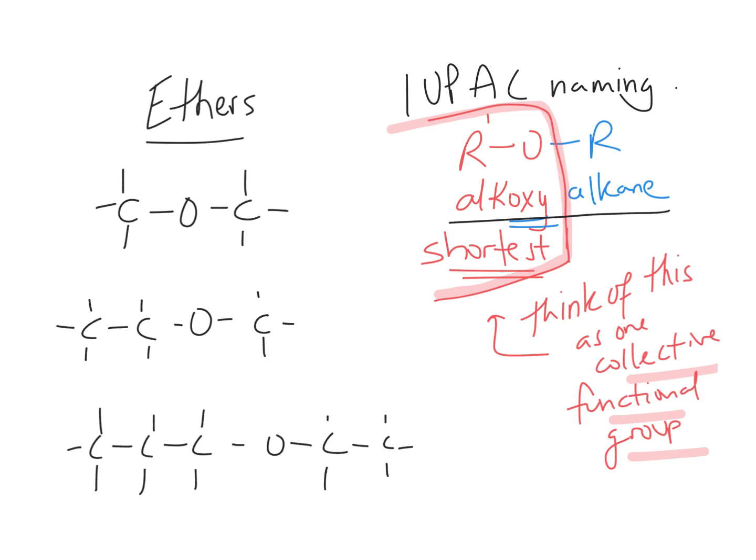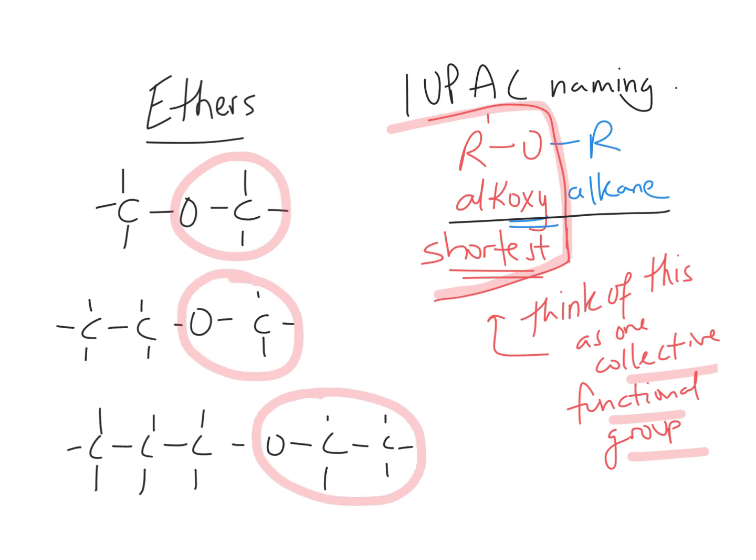If we go through and circle on these three, there's going to be your alkoxy group, your alkoxy group, your alkoxy group. It's not like they're always on the right hand side, it's just how it happened to be set up in my picture here. So this first one would be methoxymethane.